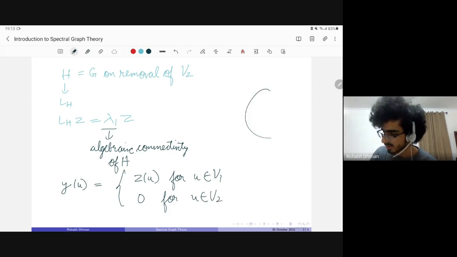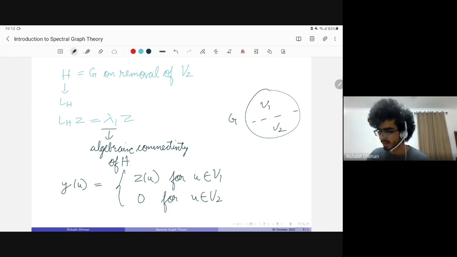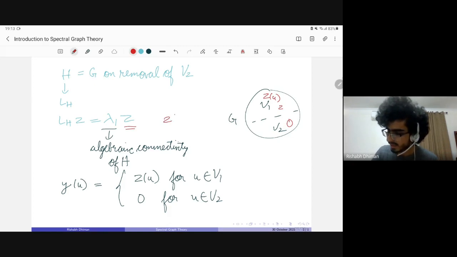So again, you have this graph G, your partitions V1, V2. I'll just copy the values of Z there, and I'll have all zeros here. I'll add the extra constraint that Z transpose Z is equal to 1. I can do this because I can always multiply an eigenvector by any value.